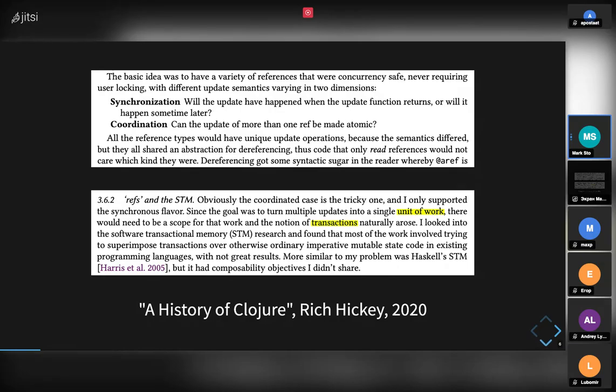While coordination is about making updates to multiple references at the same time. It can happen either atomically or independently. The STM and the reference type it provides, which is called ref, are the combo of both synchronous and coordinated. STM in Clojure is basically transactions for in-memory shared state.